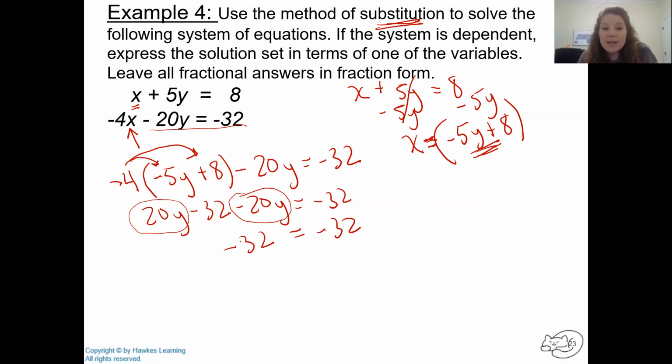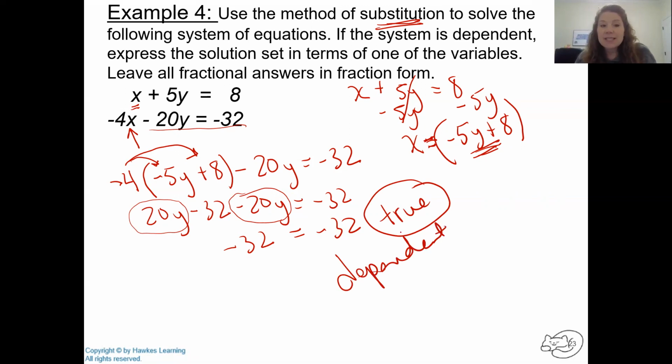So when I get down to my last line, if I've eliminated my x and my y and I end up with a true statement, that means that, remember, an incorrect statement meant inconsistent, but a true statement is going to be dependent. So these are the same line. They're the same line on top of each other.